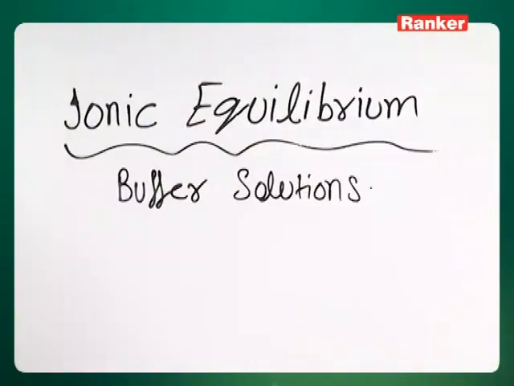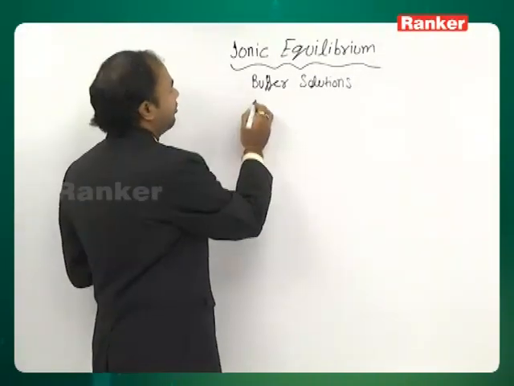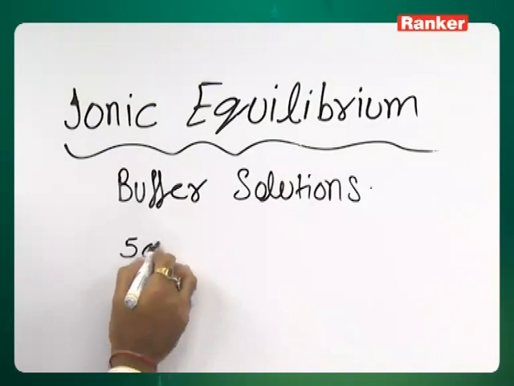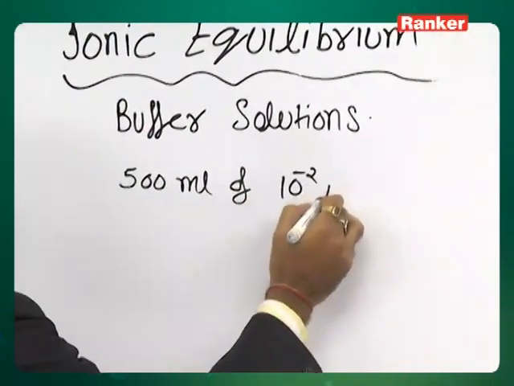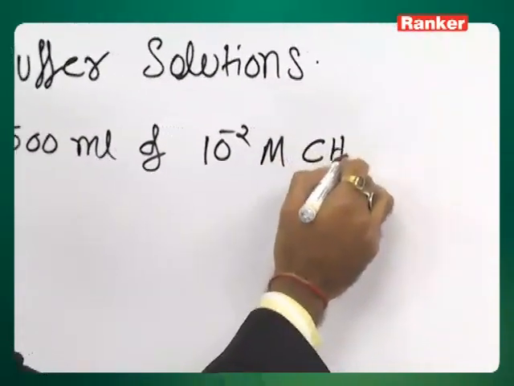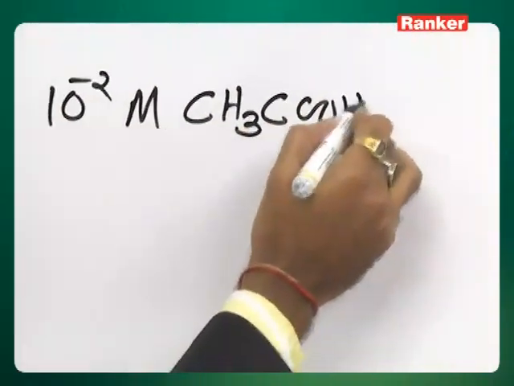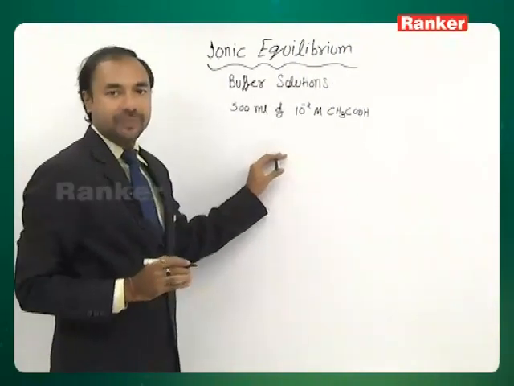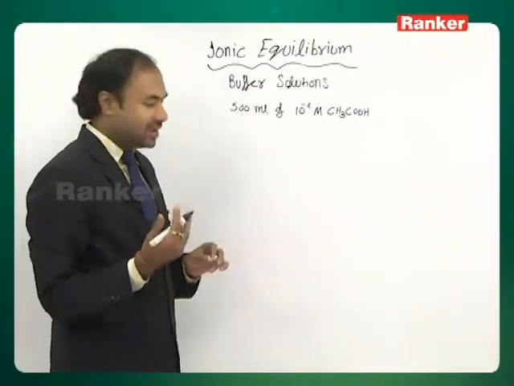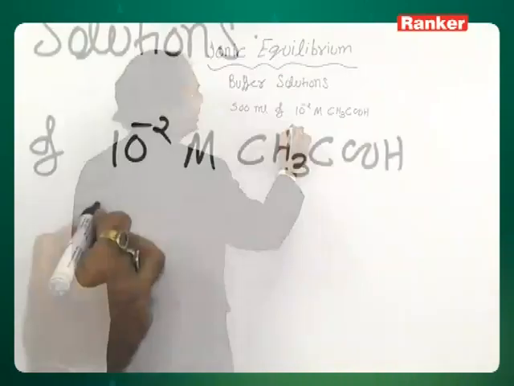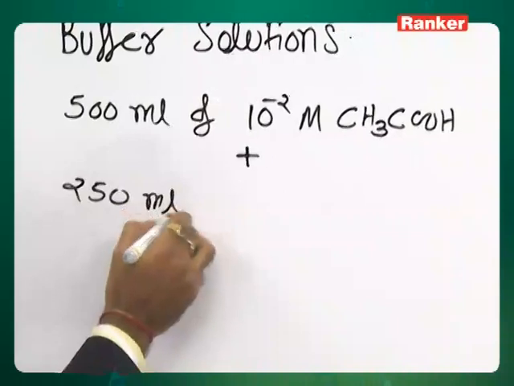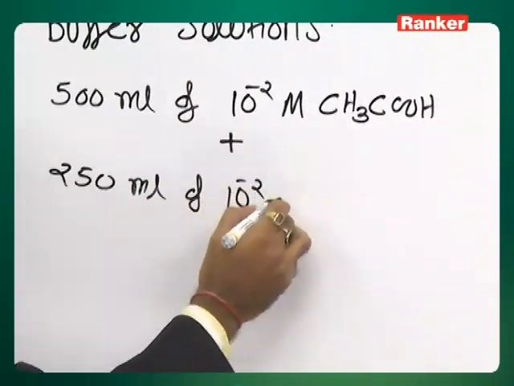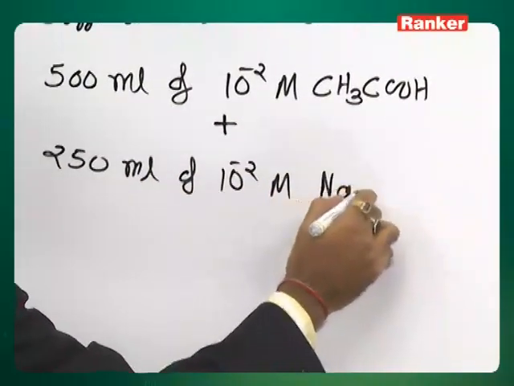Now, one small question we are going to discuss here. Suppose you have been given 500 ml of a 10 to power minus 2 molar acetic acid solution, and this solution is titrated with NaOH of same strength, and we are adding here 250 ml of 10 to power minus 2 molar NaOH solution.